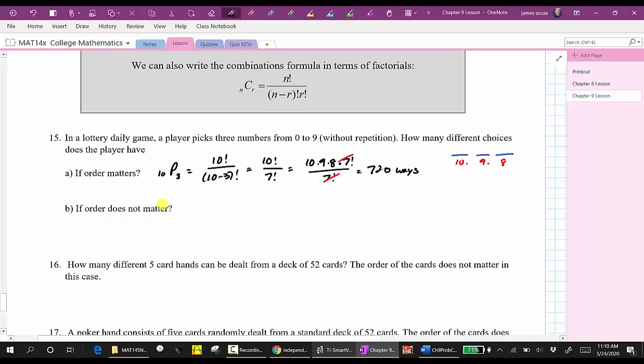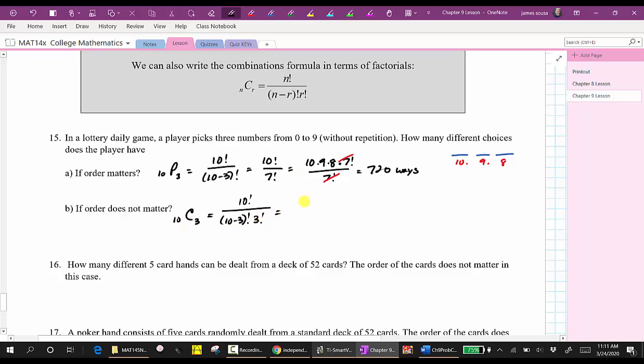So because the order does not matter, we would have 10 choose 3, which is equal to 10 factorial divided by the product of n minus r factorial and r factorial, which would give us 10 minus 3 factorial times 3 factorial.